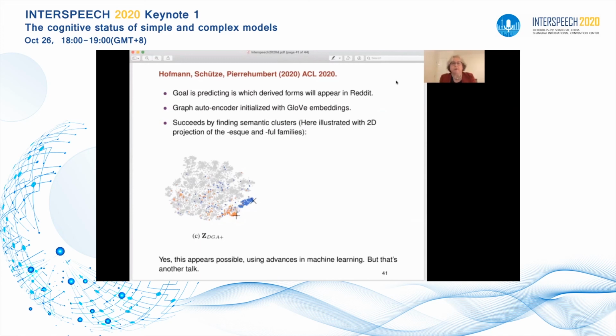And it does actually succeed quite well. It does that by finding semantic clusters. So here I have illustrated that with a 2D projection of the ESC and full families against the full range of the data. So my conclusion is, in general, this appears possible using advances in machine learning, but that's another talk.